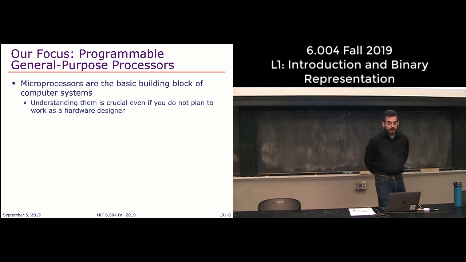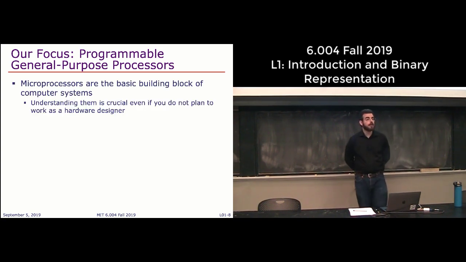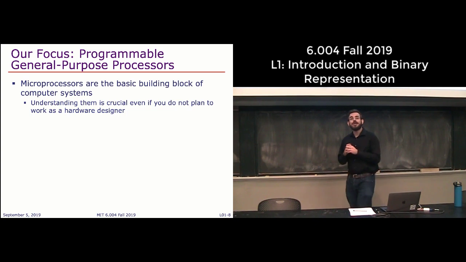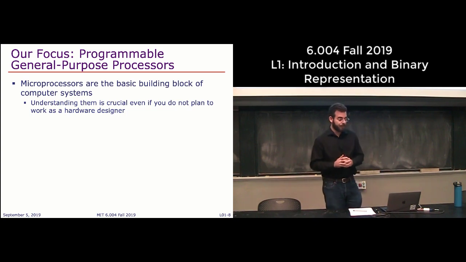The first one is that microprocessors are the basic building block of computer systems. Even if you have all sorts of other chips, things like graphics processing units or other specialized designs, pretty much all computer systems are going to have some sort of general purpose processor. And so understanding these processors is crucial, even if you never go and design hardware again.